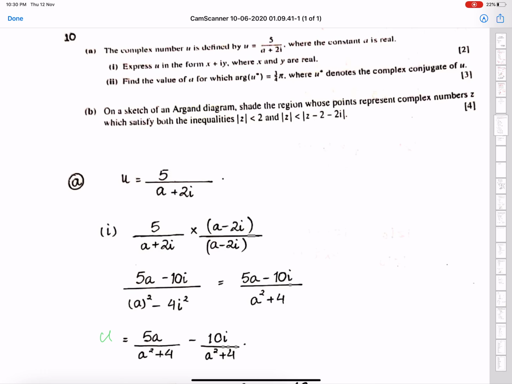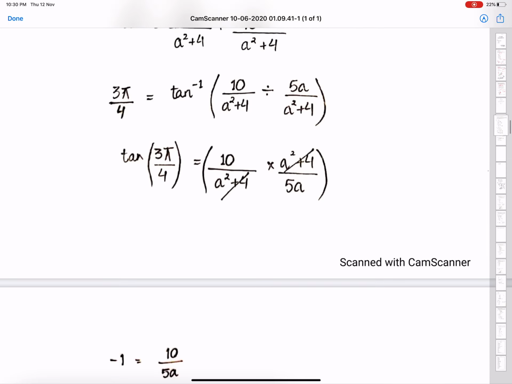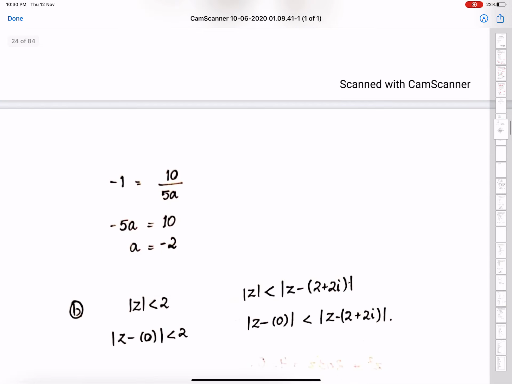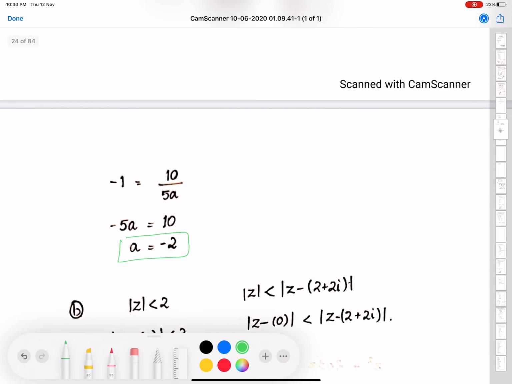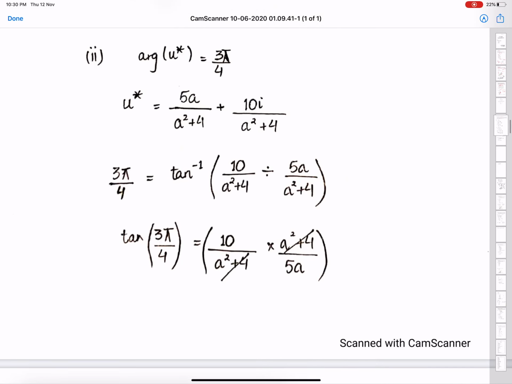Find the value of a. So this is u star. Its argument will be tan inverse of imaginary part over real part. And by solving this entire thing, you can easily get the value of a. This is the working of part 2.